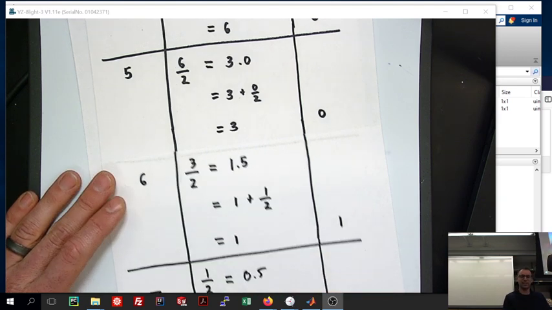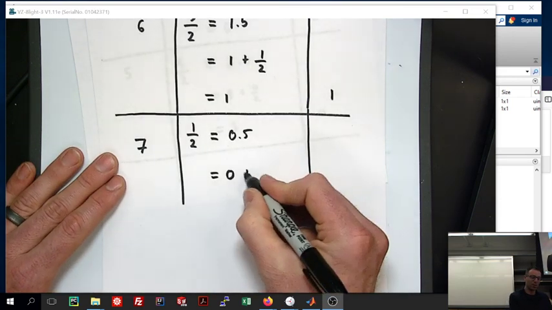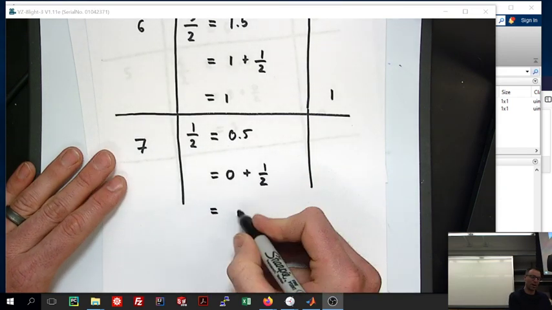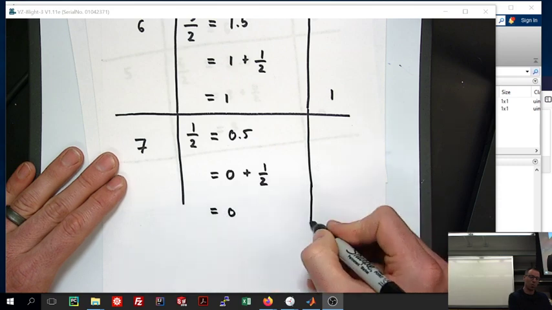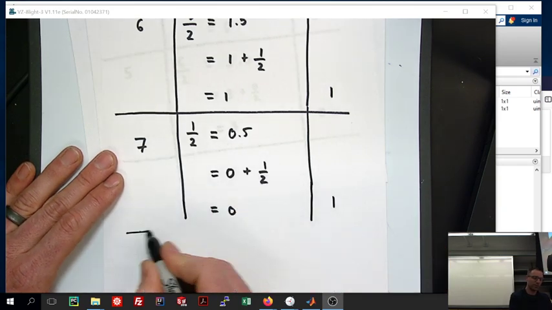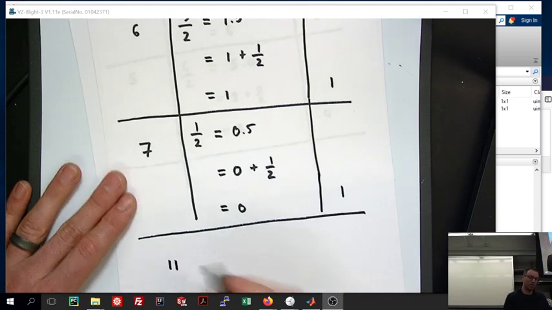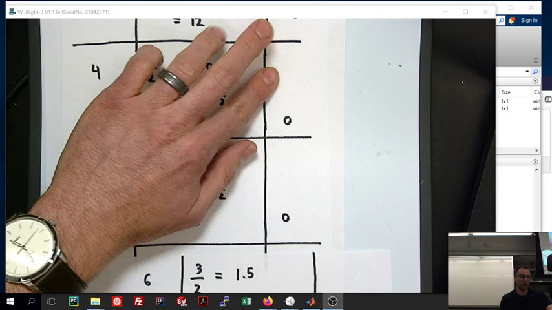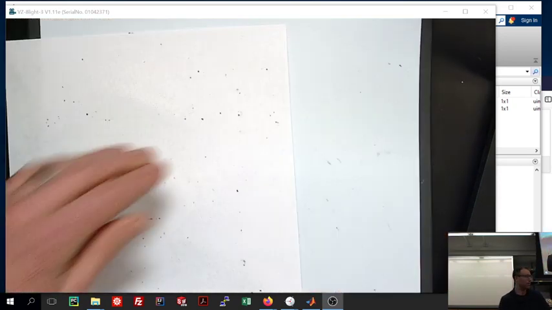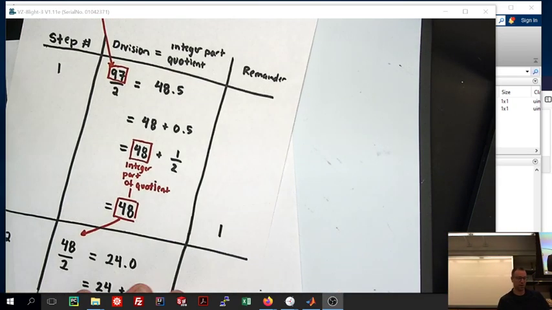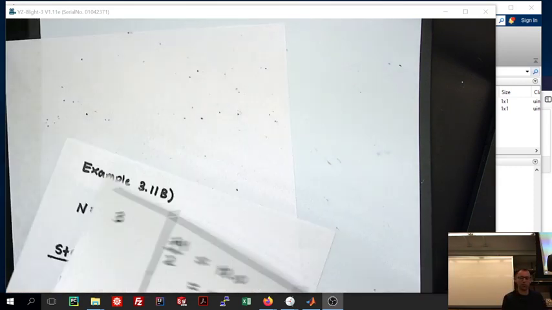Integer part is 0. Remainder is 1/2. I have 0, 1. Can I do any more work? My work is done here. 1, 1, 0, 0, 0, 0, 1. How many zeros did I have after those first two ones?